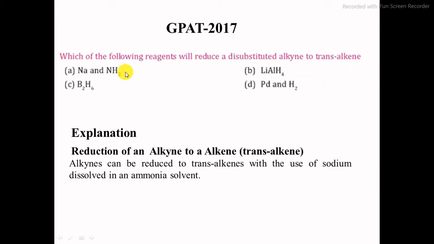Now coming to the next question: which of the following reagents will reduce a disubstituted alkyne to a trans-alkene? Here sodium and ammonia is the right answer. Let's see the explanation. Reduction of alkyne to trans-alkene takes place in the presence of sodium dissolved in ammonia solvent, right?